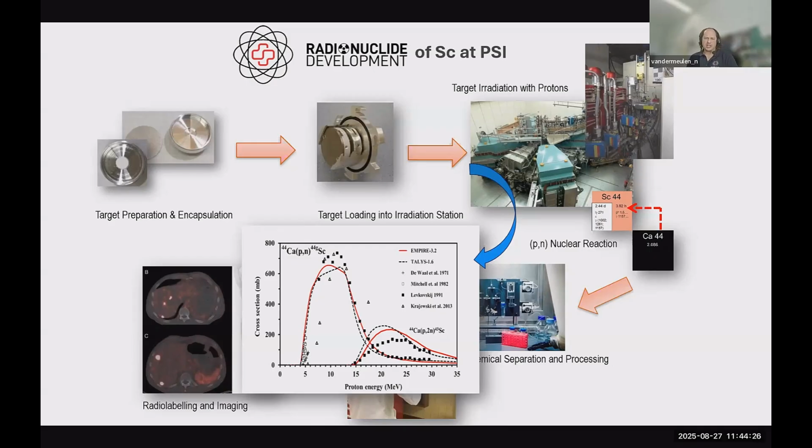We start producing an impurity in scandium 43 at just shy of 15 MeV. Now, to produce something for chemical application, you generally want it to be radionuclidically pure, and that implies you cannot operate your cyclotron at anything more than 14 MeV to ensure that you have radionuclidically pure product. So that's what we focus on.